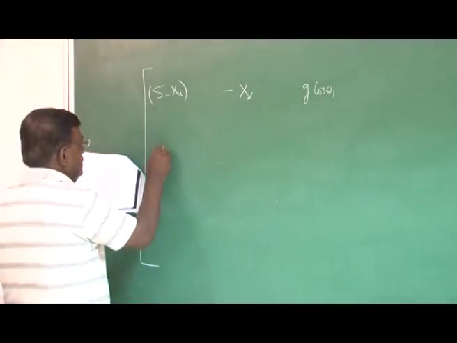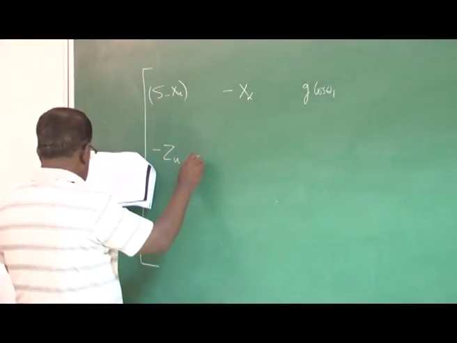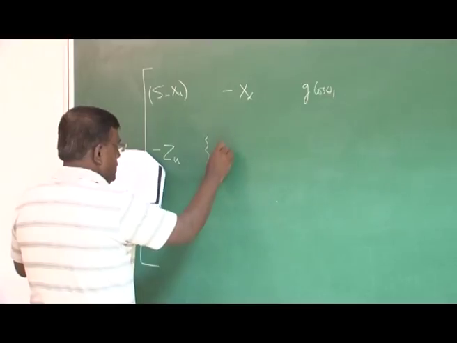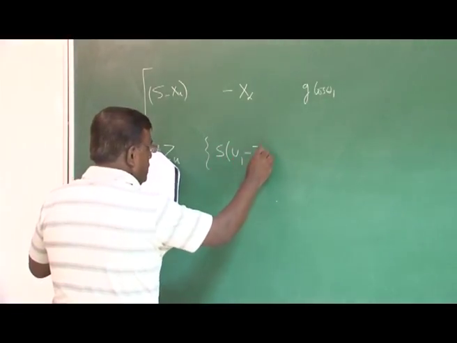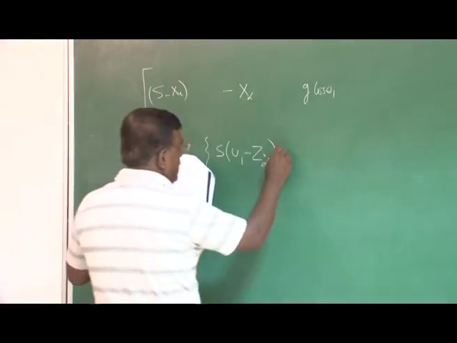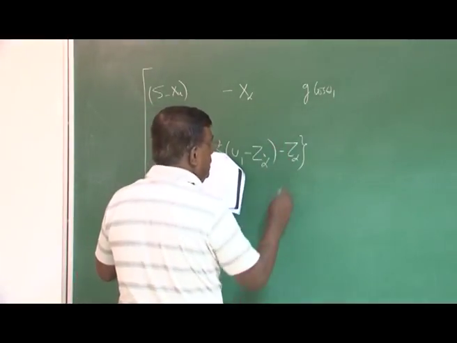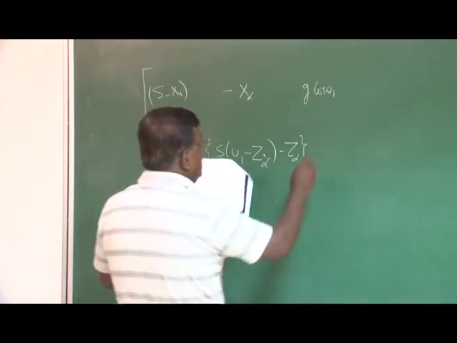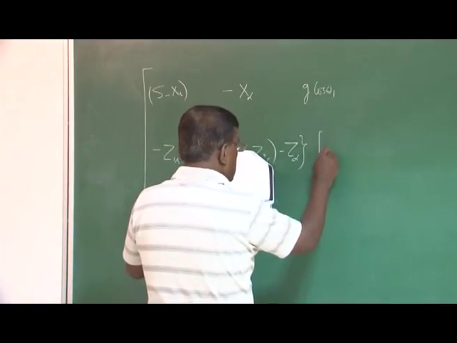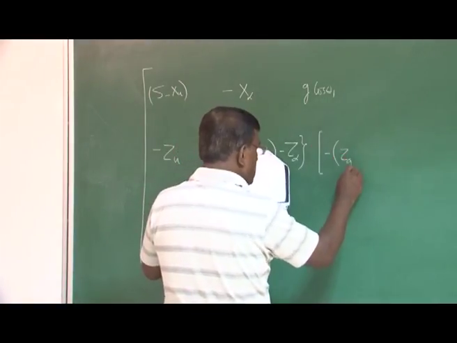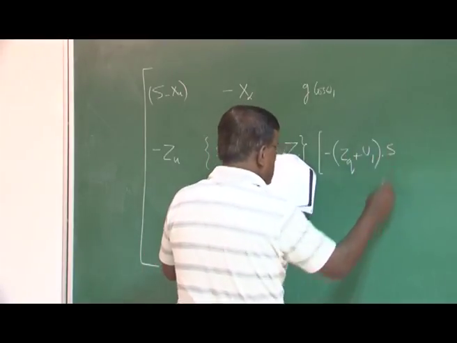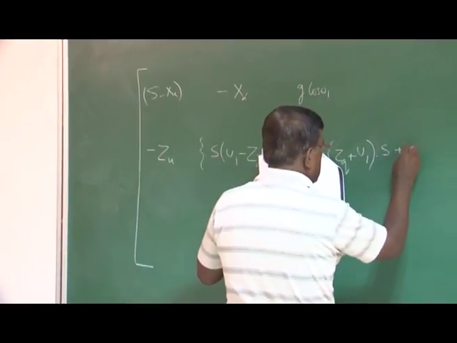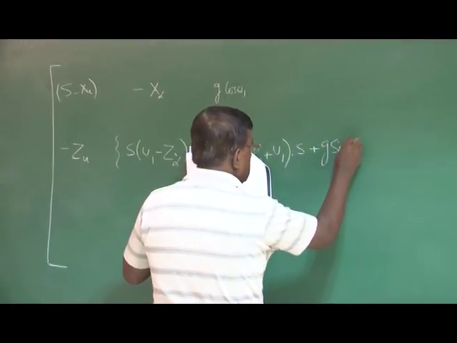Second row: minus zu, s u1 minus z alpha dot s minus z alpha, minus zq plus u1 s plus g sin theta 1.